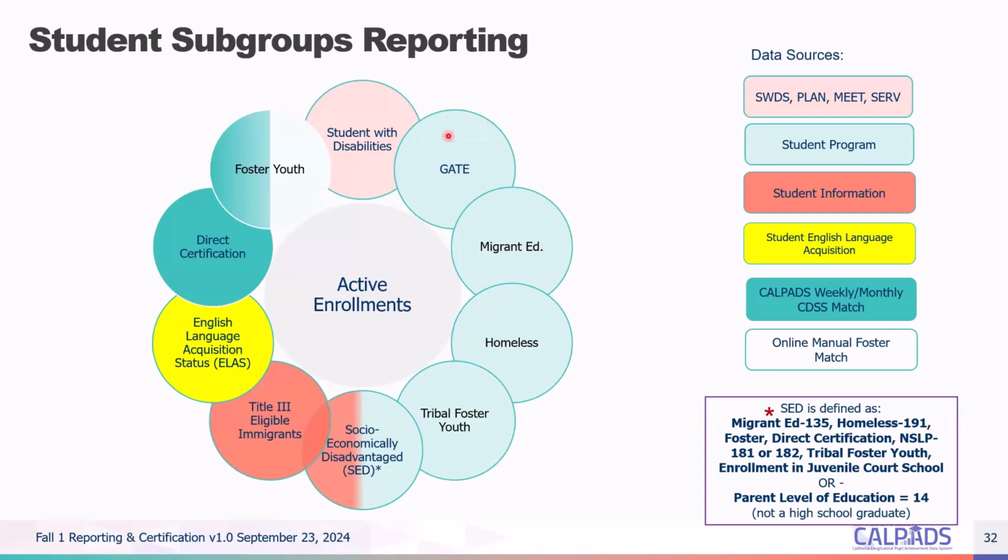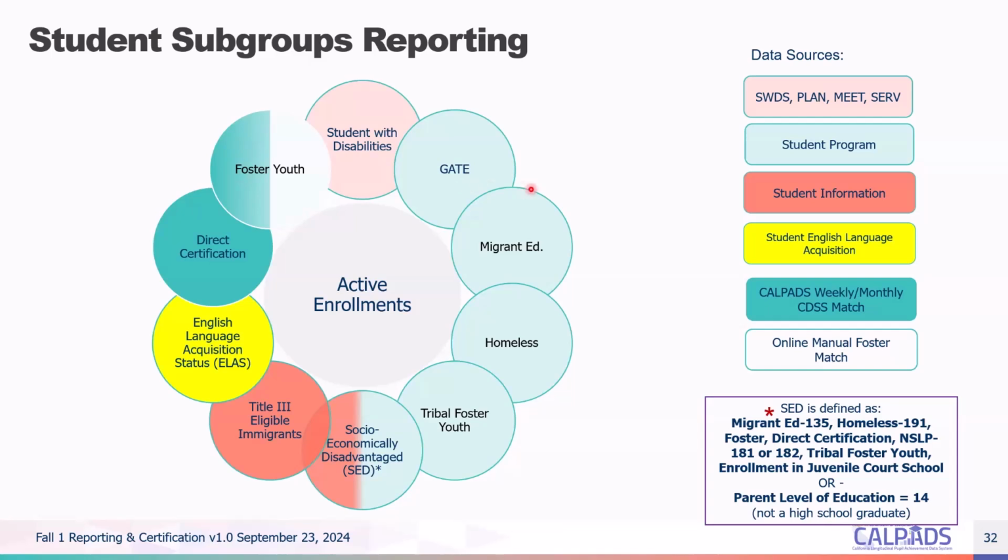So the ones in light green, mint green, are all programs from the SPRG file. Of course, you have your light pink student with disabilities file types. You have data elements from the student information file. Then you have your SELA status. Then you have data elements as a result of the statewide matching process that we do either weekly or monthly, depending on the source.